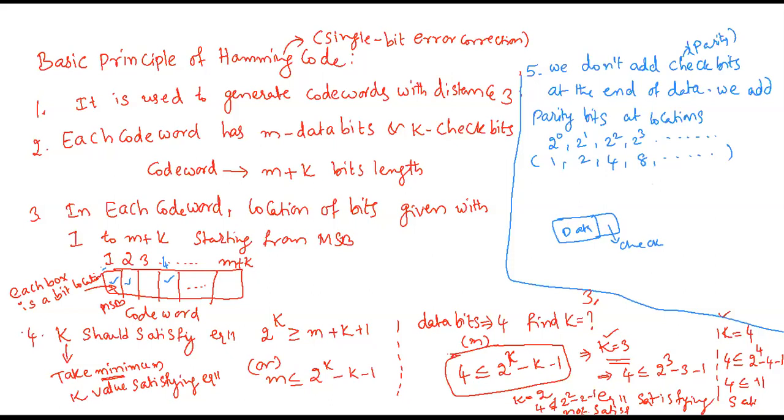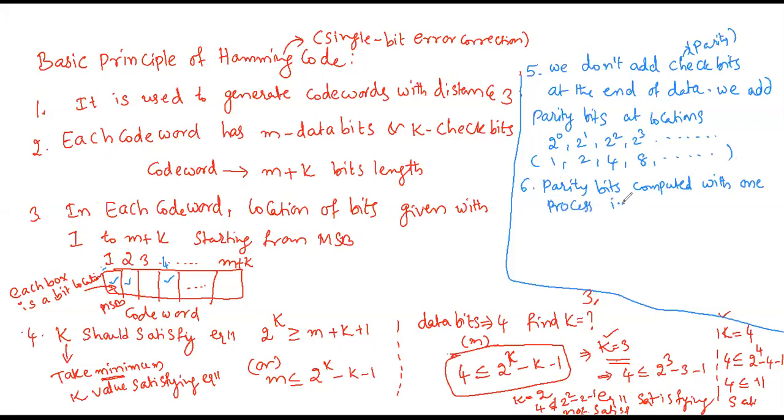And the last point for the generation: the parity check bits are computed with one process.